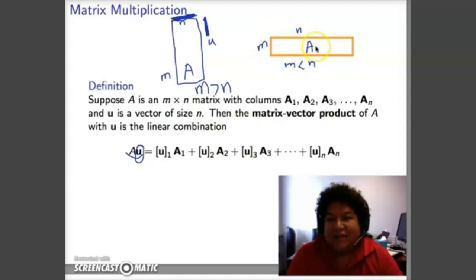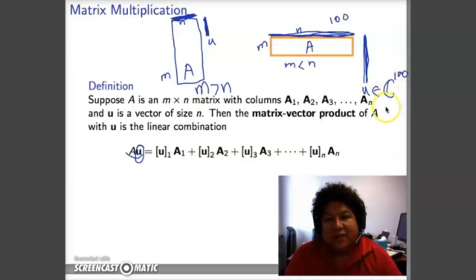So for this case the matrix has more columns than rows, but if we're multiplying the column vector u, it still has to satisfy that property, that the vector in length has to match the number of columns that the matrix has. How many columns this matrix has is exactly the number of entries in this vector. So if there are 100 columns, then this vector has to be a member of C100. It has to have 100 entries.